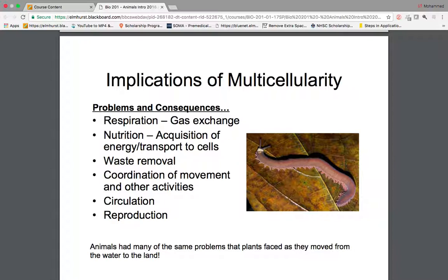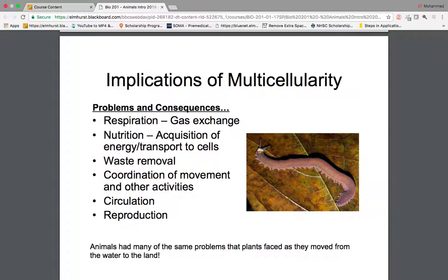If you had one big giant cell and diffusion happened the same way, you'd end up with this whole part in the middle that just couldn't be supplied by things diffusing across the membrane. So multicellularity may have been able to account for that problem. By having multiple little cells all next to each other, every single cell could still be supplied.